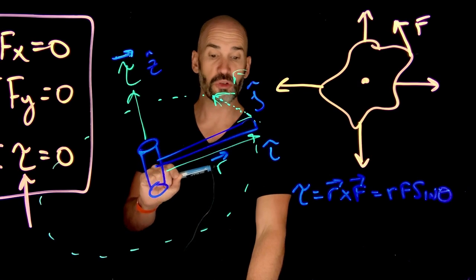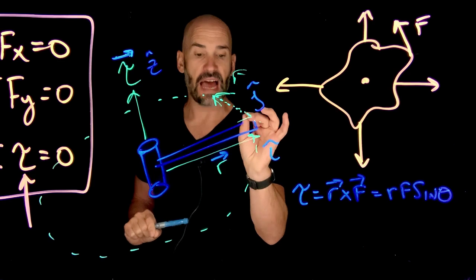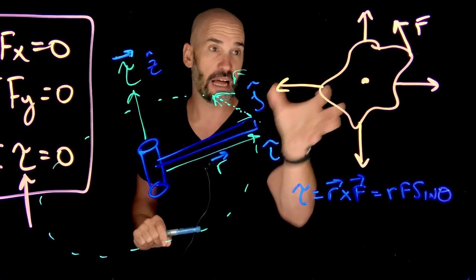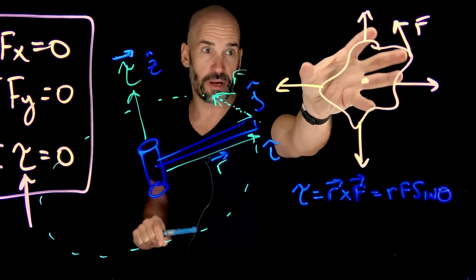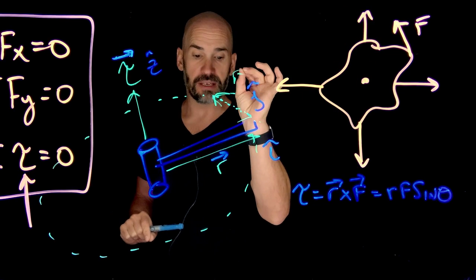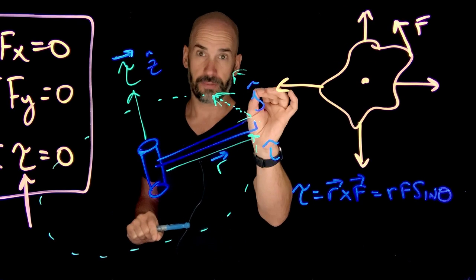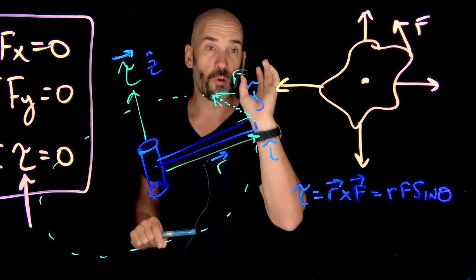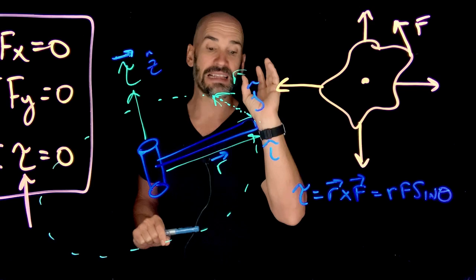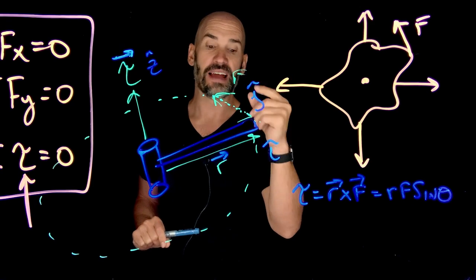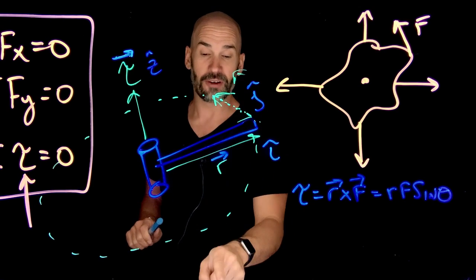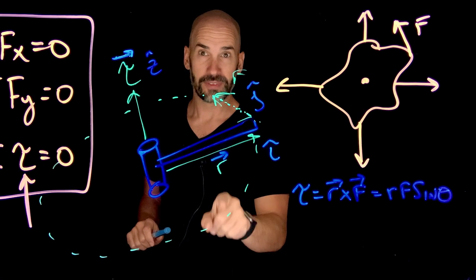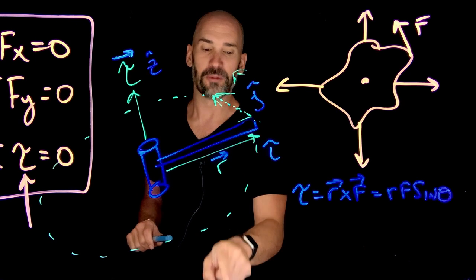The truth is that forces that make an object want to go counterclockwise, in other words this way, will be a positive torque. And forces that make an object want to go clockwise, that's going to be a negative torque. And I want to point out in these slides that there's a mistake that I'm noticing right now.